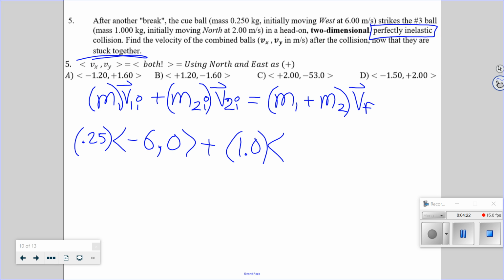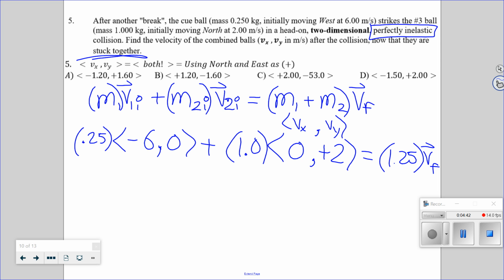Okay, excellent. 0 comma 2. I've not created momentums yet, so these are Vx comma Vy in all these brackets. So 0 plus 2 equals, and on the other side I have 1.25, and we can still just symbolize that V final. We're solving for V final, we don't need to know or guess what it is. Okay, there's my equation from the equation sheet with everything substituted in.